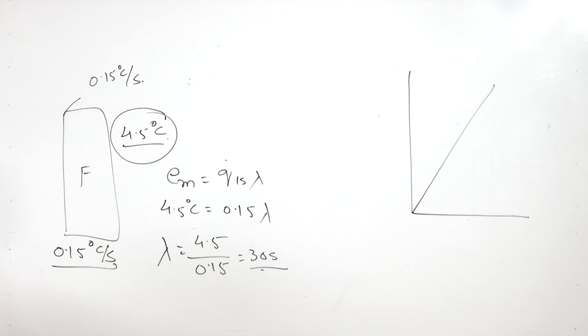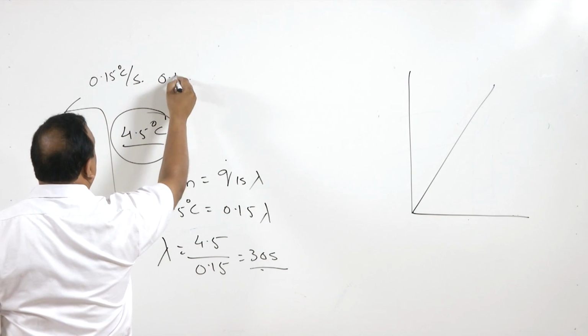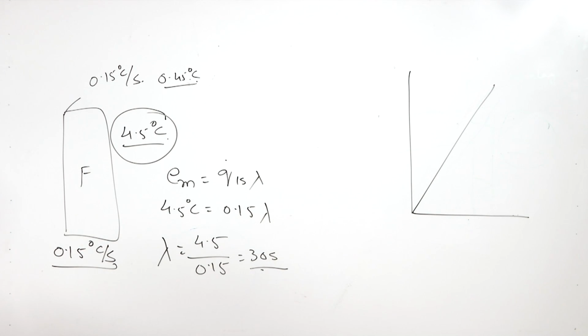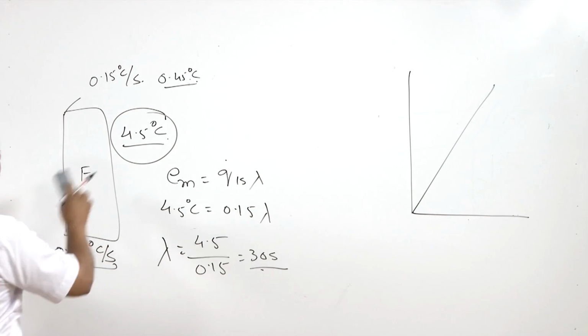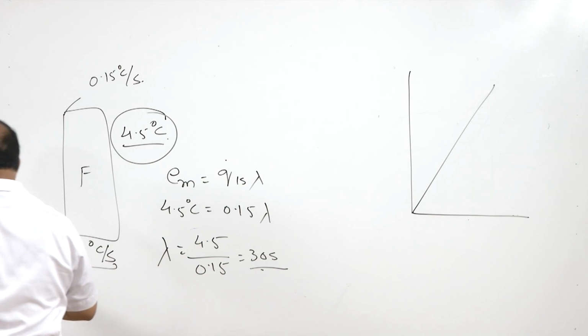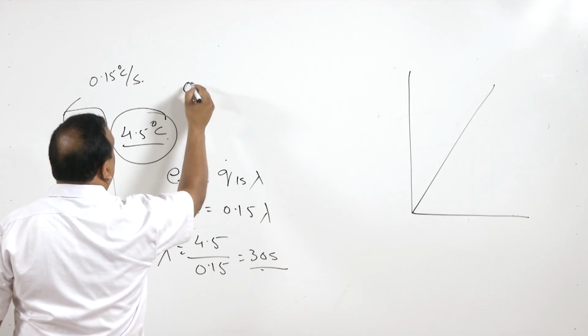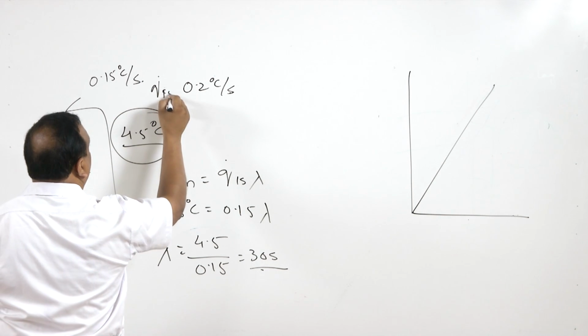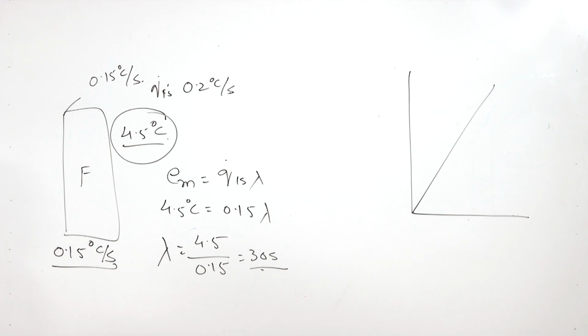Suppose the rate of temperature rise was, instead of 0.15, let us say 0.2 degrees centigrade per second. Now, what is going to be the error?